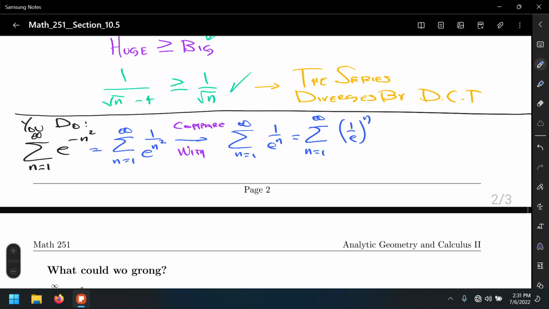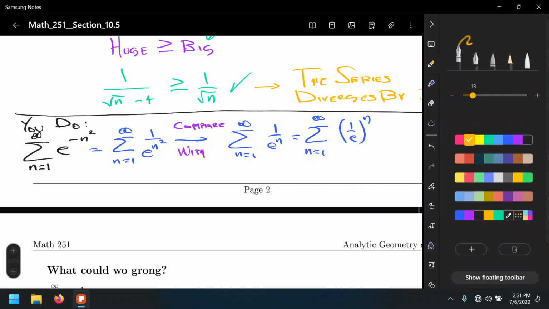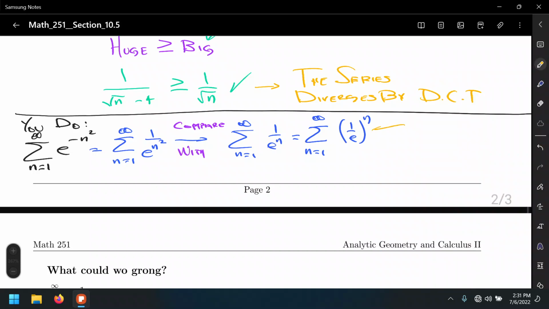The reciprocal of that number for sure has to be less than 1. So here we have a convergent geometric series.